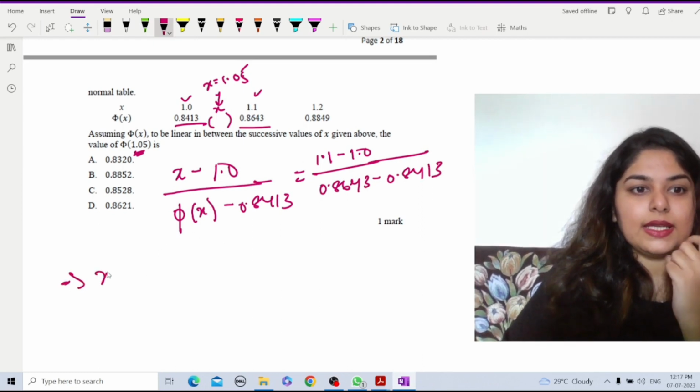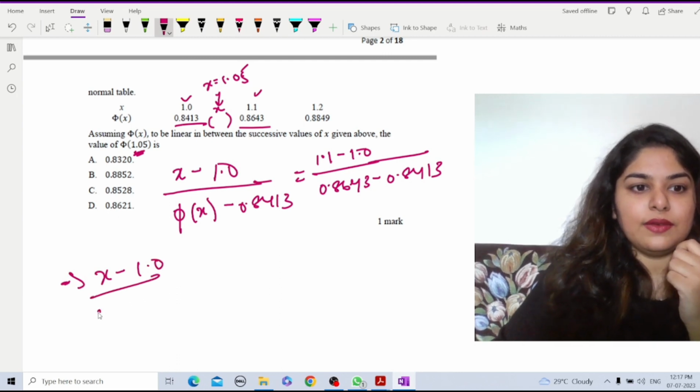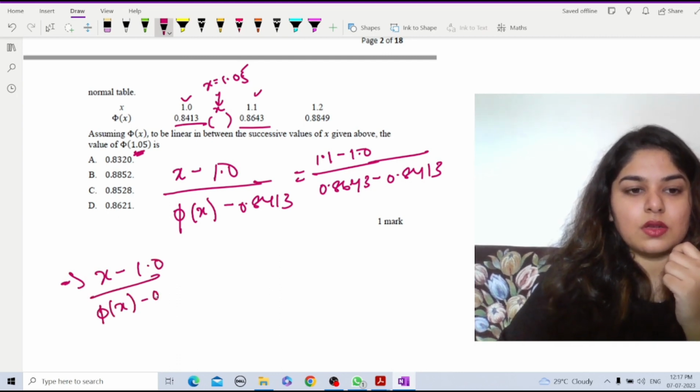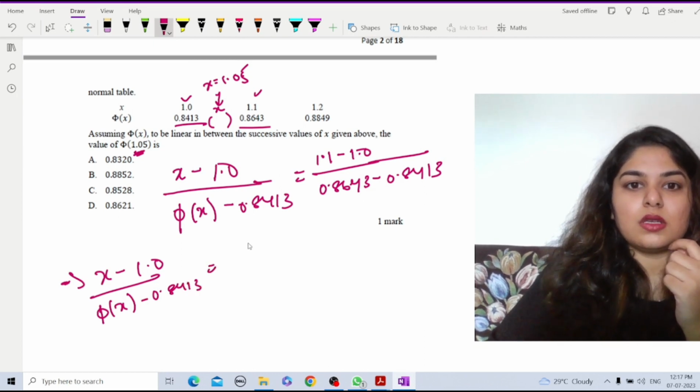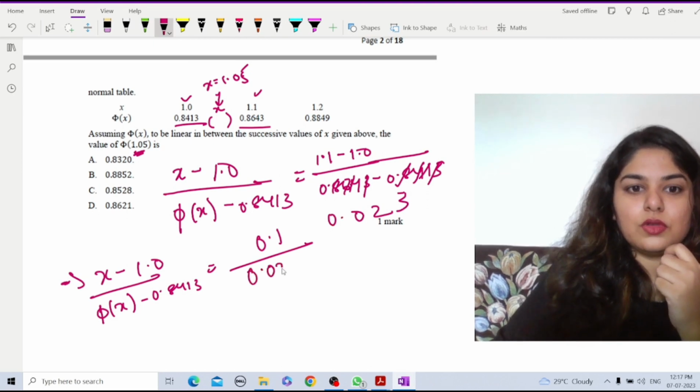So here we will get x minus 1.0 by phi of x minus 0.8413 is equal to 0.1 by 0.023.